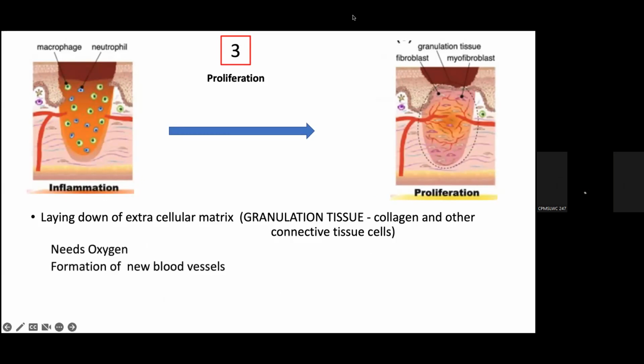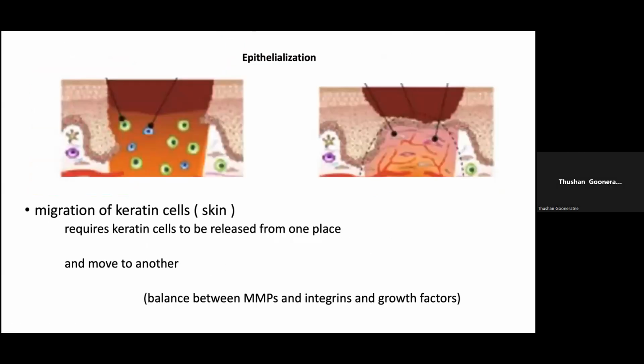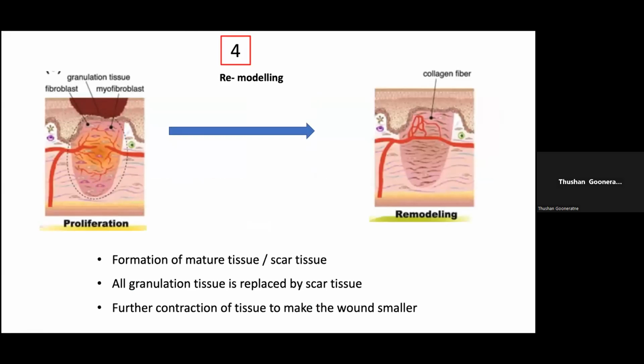And finally, after all of this is done, there's a need to close the space, and that's called the epithelialization phase. Once all this is done, and with time, because the wound is a large wound, there's a bit of contraction and maturation that happens, the wound becomes stronger, and that's called remodeling. So all these 4 or 5 things happen.